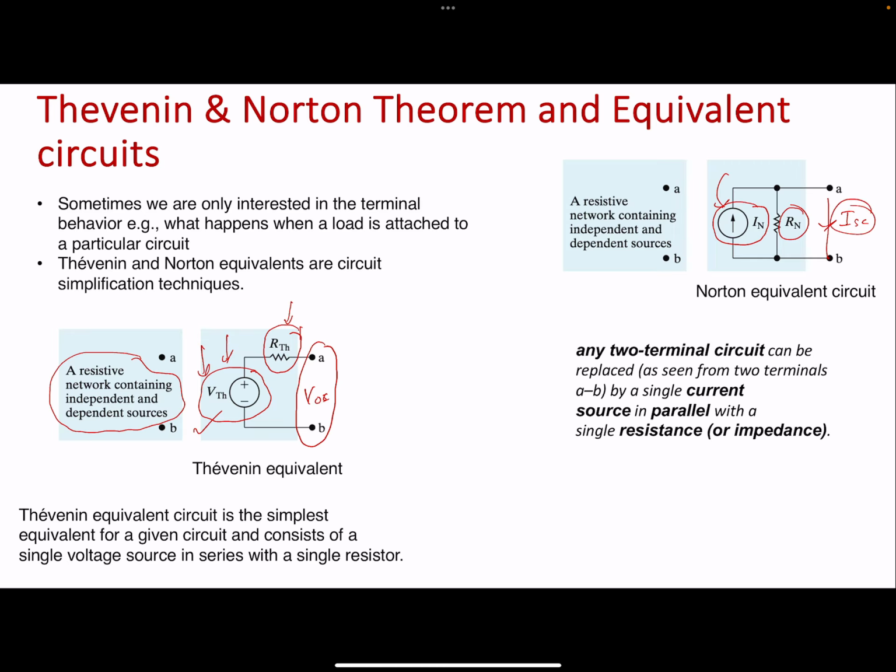In the case of a Norton equivalent, you short the terminals A and B and find the total current flowing through it to find IN. You're not shorting in the final equivalent circuit. So whatever the circuit over here is, you short these terminals to find ISC, and you open these two terminals to find VOC. This is how you find IN and V Thevenin.